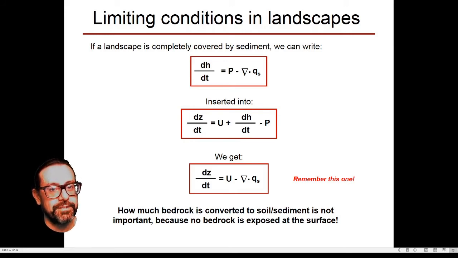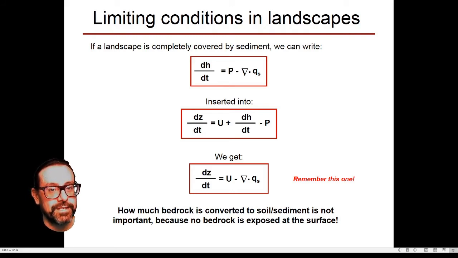And so this equation is interesting because one of the things that you'll notice is that the soil production rate disappears in this equation that describes landscape elevation change through time. And the reason why is because how much bedrock is converted to soil or sediment doesn't turn out to affect the landscape elevation, because there's no bedrock exposed at the surface.